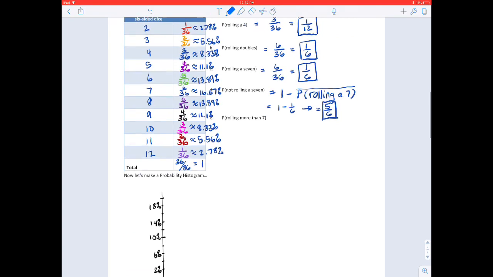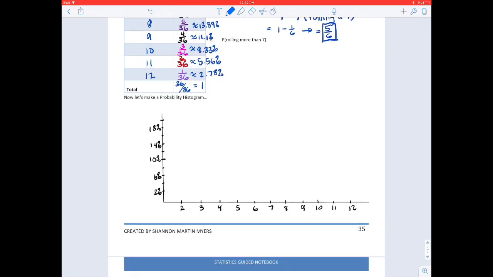There was a 2.78% chance for a 2, so 2.78 will be about here. I'm going to go ahead and finish these off. If you want to fast forward the movie, you can, or try doing it yourself and then fast forward and see how you did. And I'll see you in a minute.